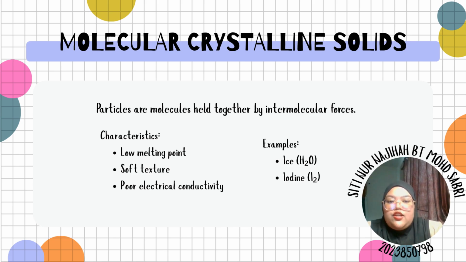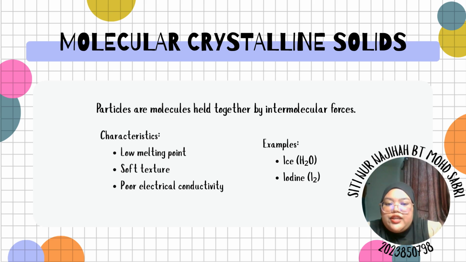They usually have a low melting point because the intermolecular forces do not require much energy to break. They tend to have a soft texture, making them less rigid than ionic or covalent network solids. They also have poor electrical conductivity because they do not contain free ions or electrons to carry charge.